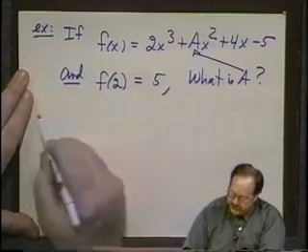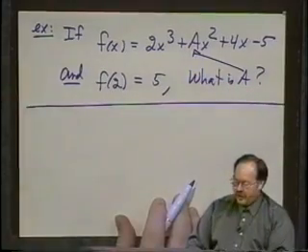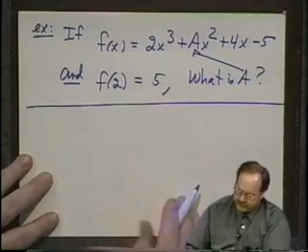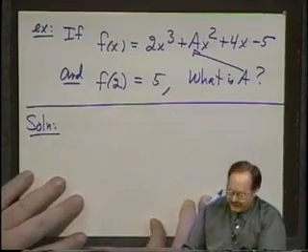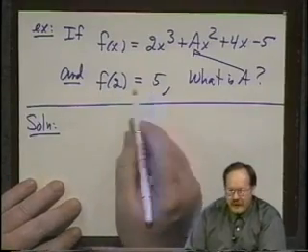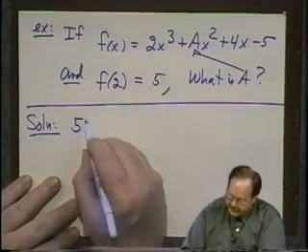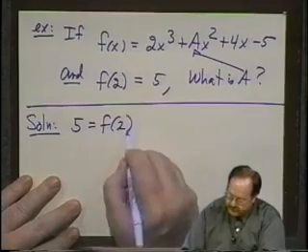What is that letter right there? Well, you have enough information to do this, and the solution is most elegantly put together this way. You have f of 2 equal 5, write it the other way. 5 equals f of 2.